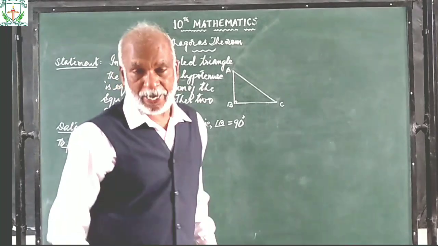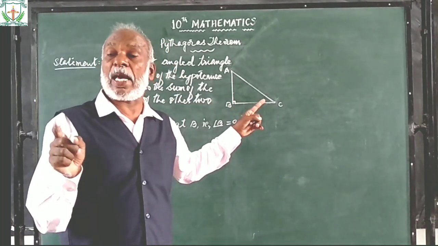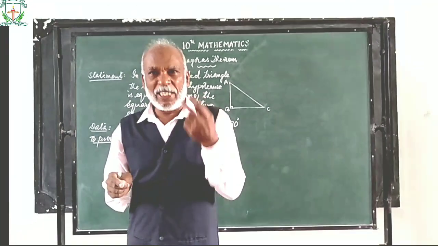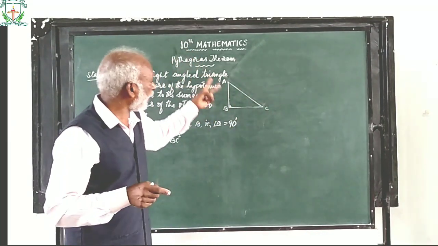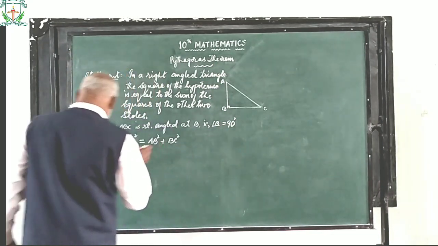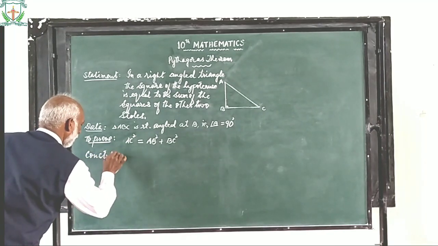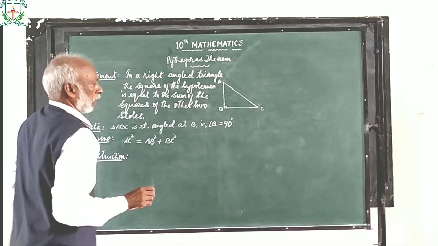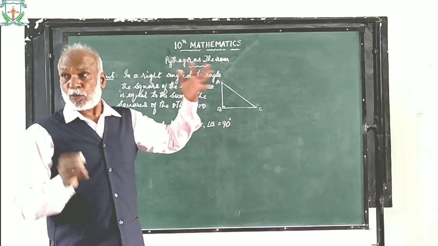Now, I told you earlier that we are going to prove this theorem making use of the idea of similarity of triangles. If you want to make use of the idea of similarity, you need to have at least two triangles, but we have only one triangle. So, to make two triangles, we will do a construction. This is manipulation in the diagram in order to prove the theorem.